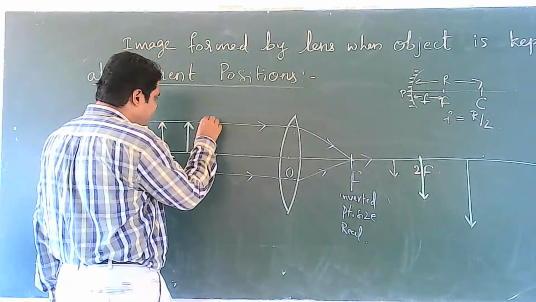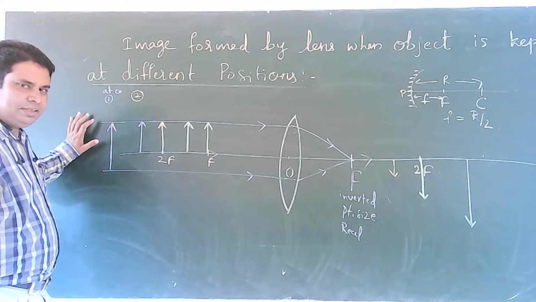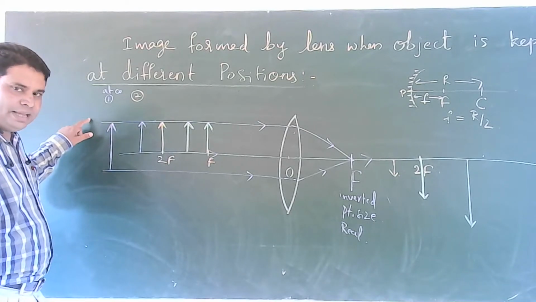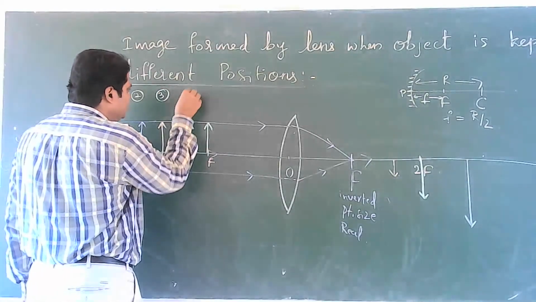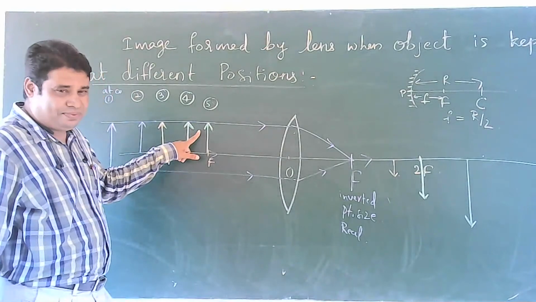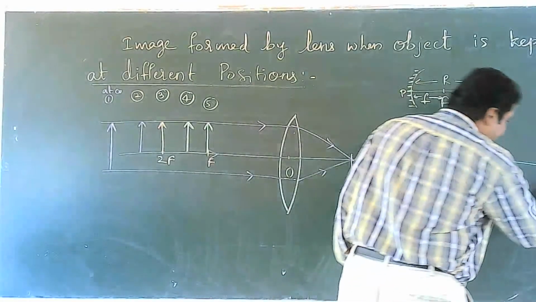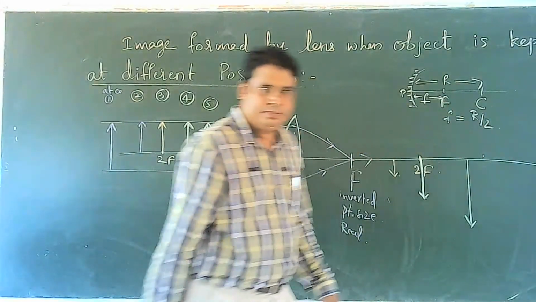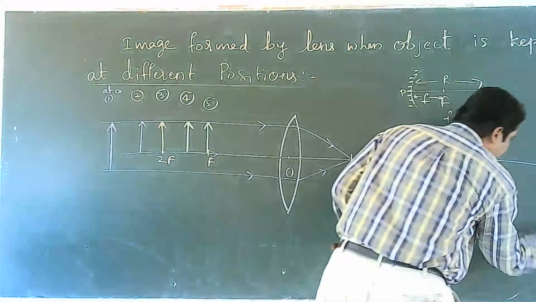When you place the object at F, this is the opposite condition, as in the case of infinity. This is position 3, position 4, position 5. When the object is placed at F, your image will form at infinity.